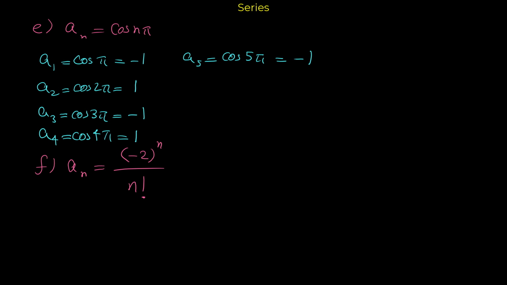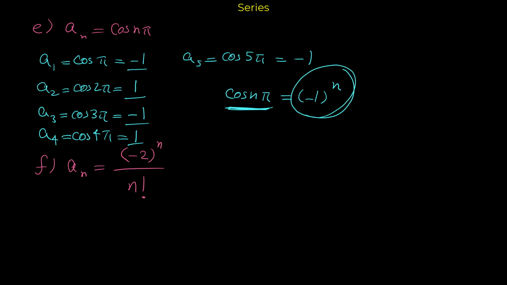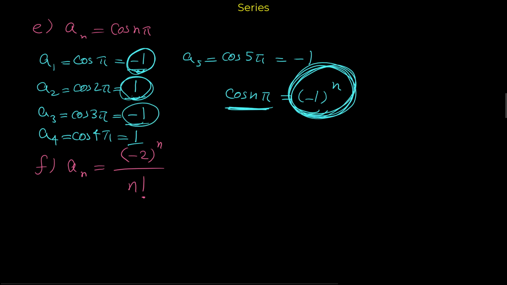The other thing that is very important to keep in your head is that cosine of n pi is basically similar to negative 1 to the n. Look at the terms of this sequence: negative 1, then 1, negative 1, 1. The terms of this sequence are also the same. The first term is always negative 1, then 1. The second term is exactly 1. The third term of this sequence is again negative 1. So basically these two are the same.